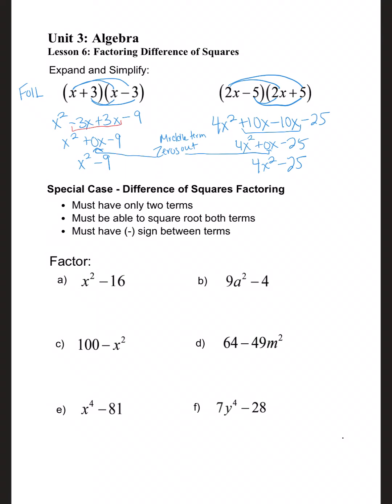And so if you look at these two binomial multiplication examples, what is it about them that you think made them both zero out? We have the same numbers in our brackets. The only difference is that one of them is plus and one of them is minus.